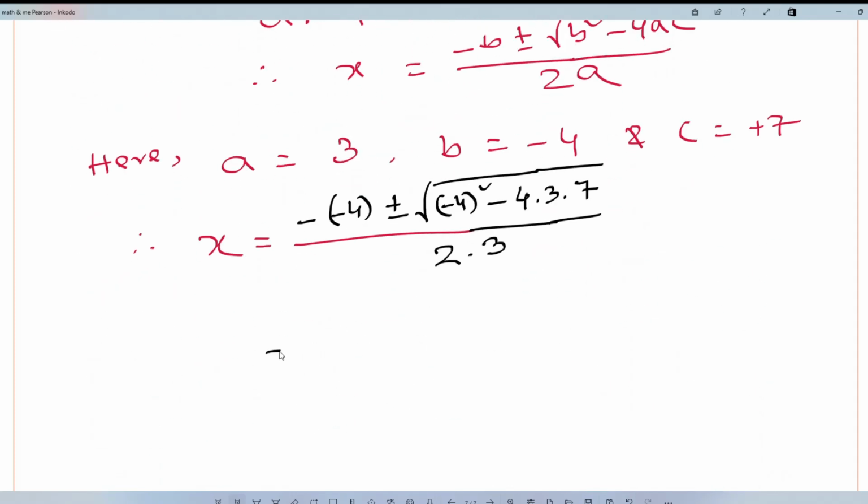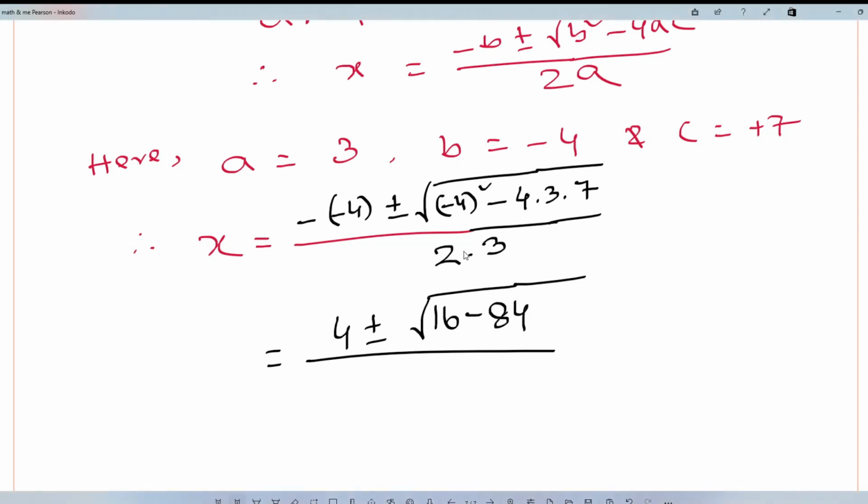So we can write minus minus plus, so 4 plus minus, and here is minus 4 square means 16, and here is 7 into 3 means 21. 21 into 4 means 84, minus 84, and here is 2 times 3, it means 6.